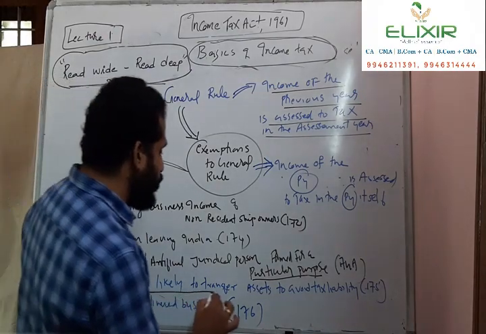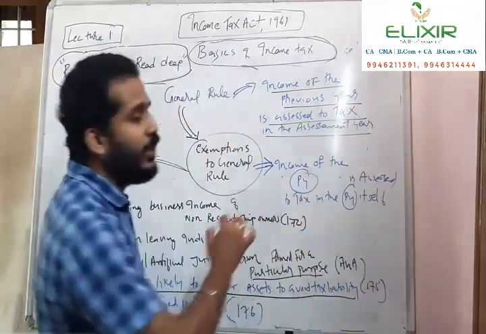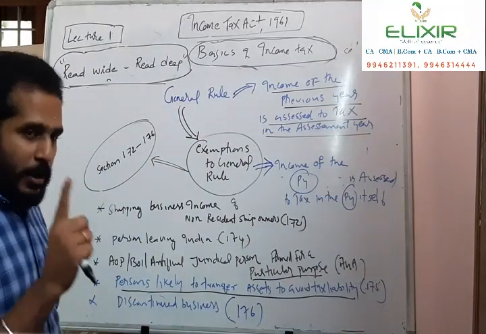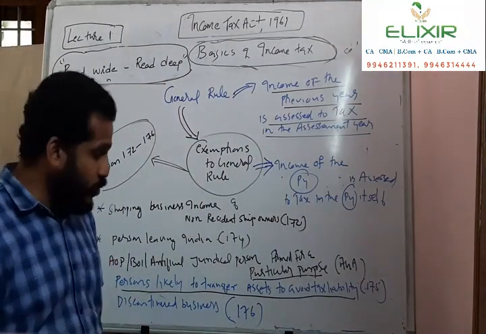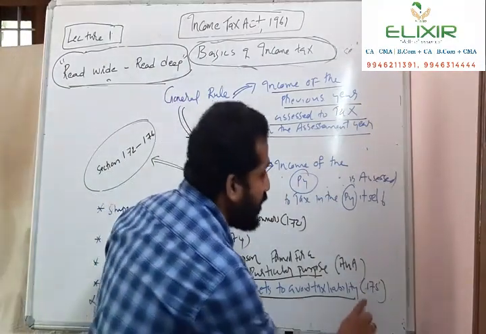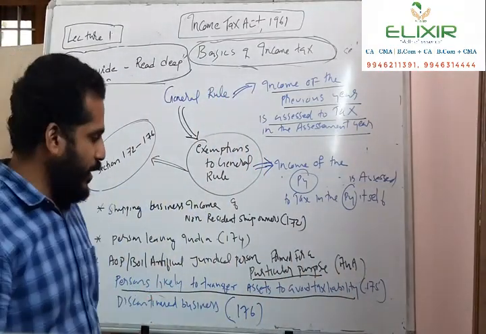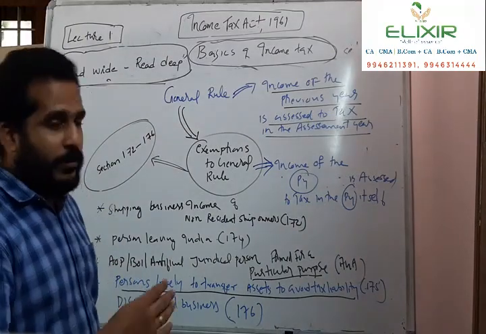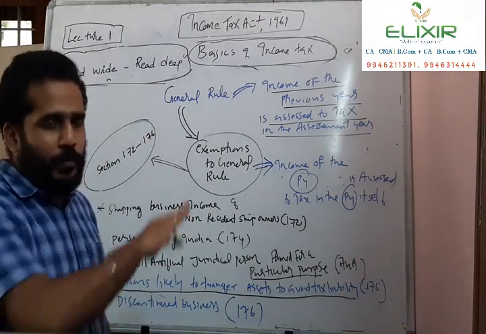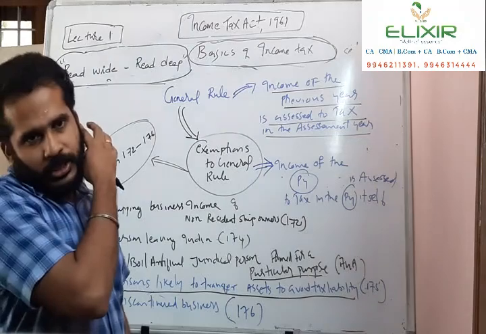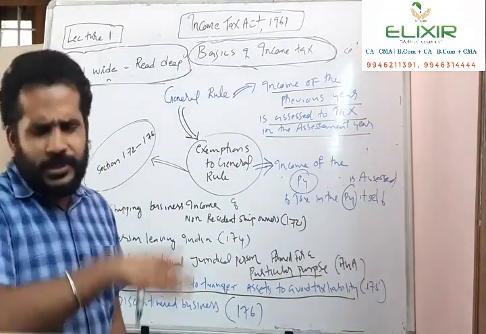Persons likely to transfer assets to avoid tax liability, section 175. Let me say an example. For example, I have a property which is let out for residential purpose or business purpose, whatever.